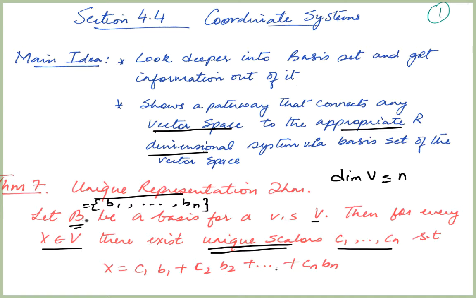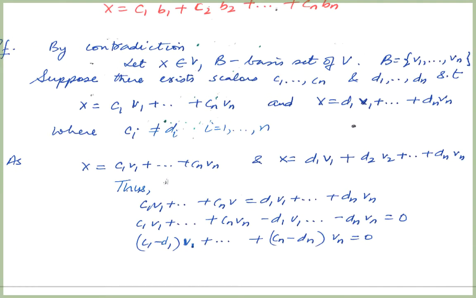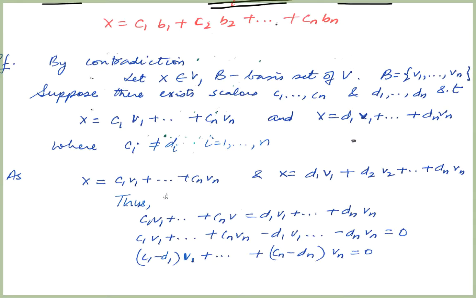Okay, now we're going to prove this. And how do we prove it? We use contradiction. So let's look at the proof. Suppose we have any vector x in a vector space V, and B is the basis set of that vector space V. And we're assuming that B has n vectors, v1 to vn.